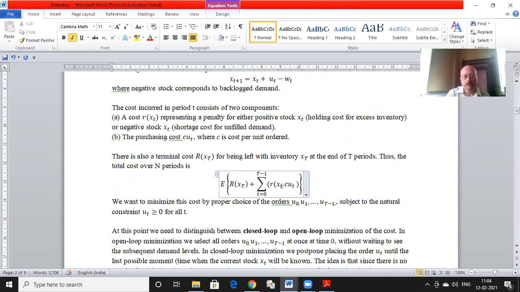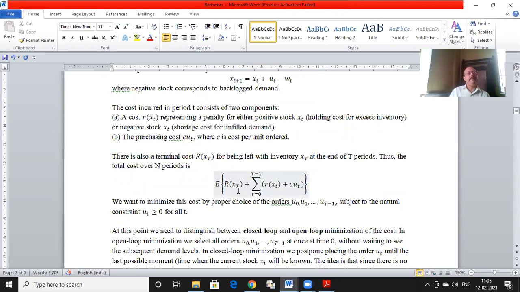What is going on? I have this inventory cost or late penalty, and I have the purchasing cost, and that is aggregated over time.